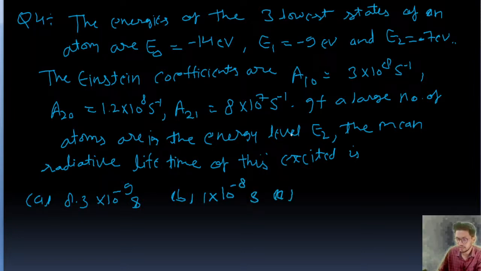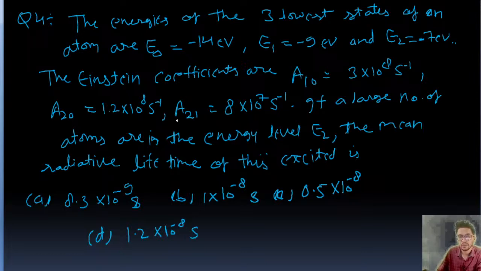Option C is 0.5 into 10 to the power minus 8, and option D is 1.2 into 10 to the power minus 8 second. So these are the options, guys. It's a good question and very simple, formula based question.